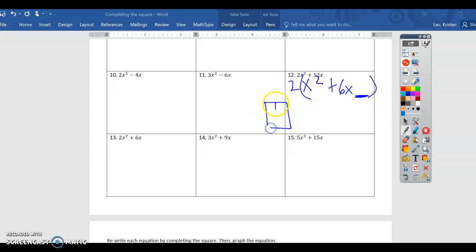So let's go ahead and draw our box. So x squared. Let's go ahead and split up this 6x evenly. That's 3x and 3x. So hopefully you find some shortcuts along the way. So plus 9. How do I know it's plus 9? Because this is x and x, 3 and 3, because those are the numbers. And then this is 9, because 3 times 3 is 9. So I have 2 times x plus 3 squared.